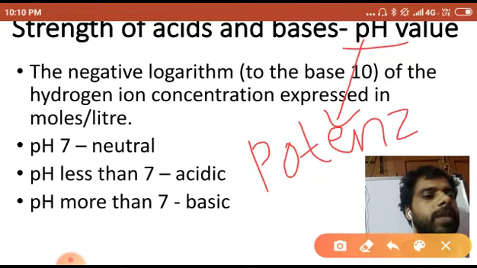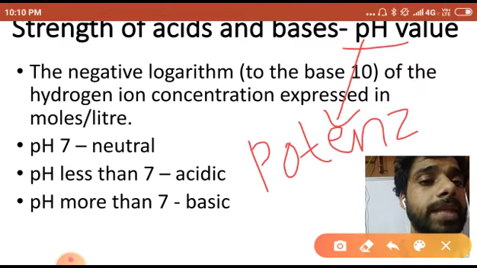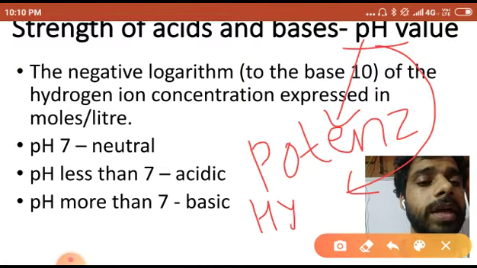Okay na? P for potence, which means power also. And H for hydrogen.